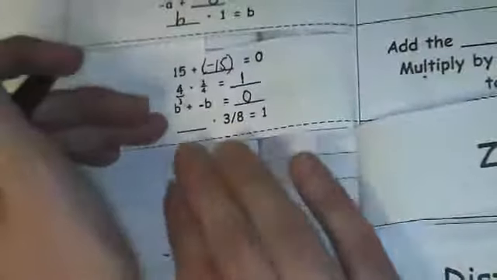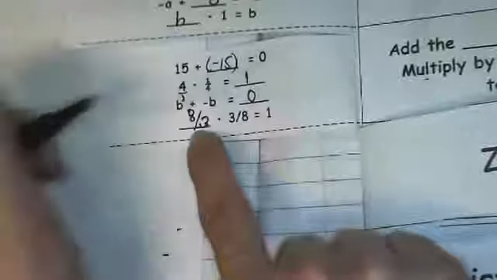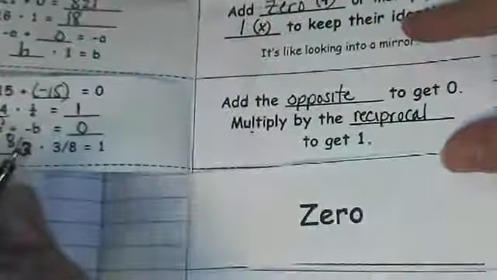And then what do I multiply 3/8 by to get 1? I'm multiplying by 8 over 3. So what this means is I'm going to either add the opposite to get 0, or multiply the reciprocal to get 1.